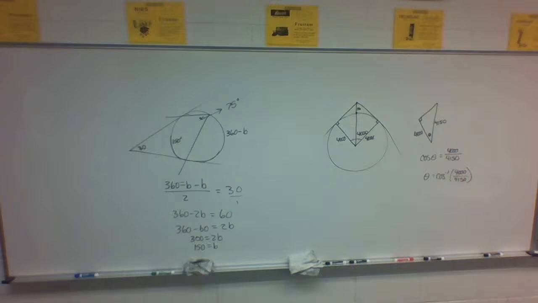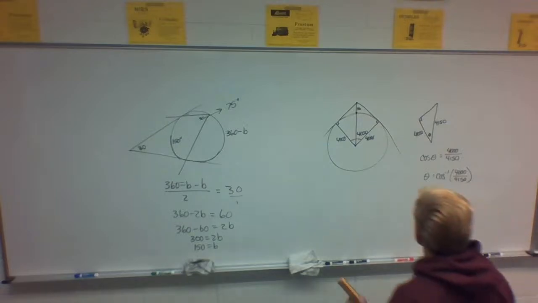So that's a tricky problem. Let's see. Mode, and then degree mode. Okay. So inverse cosine of 4,000 divided by 4,150, and I get an angle of 15.45 degrees. Is that what you're getting? Yep.